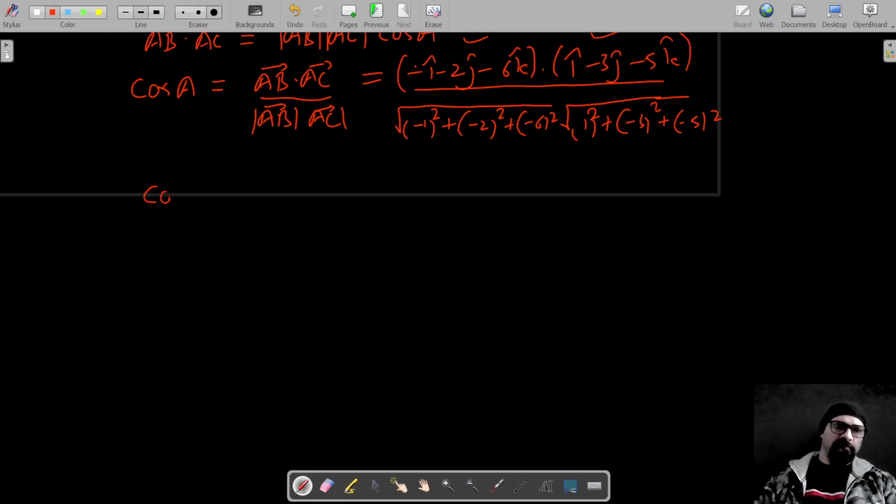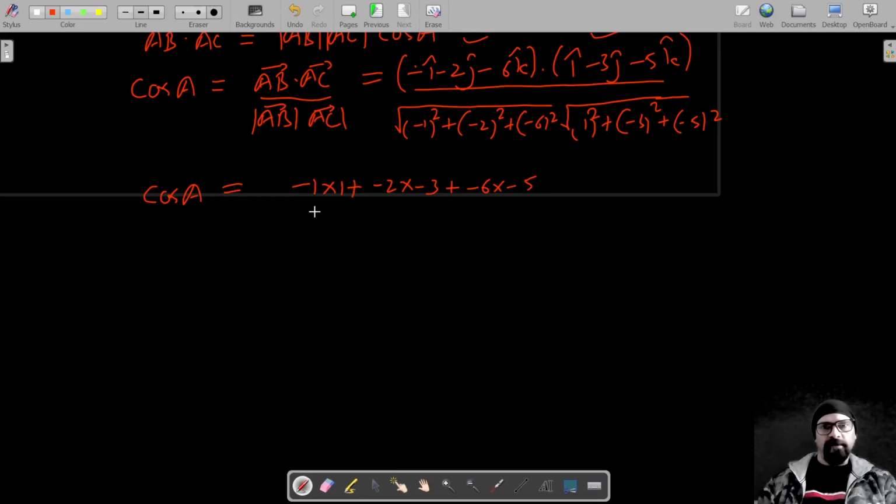Okay, so finally we have cos A. How do we find the dot product? Just find the sum of the product of the scalar components of AB and AC. So minus 1 into 1 plus minus 2 into minus 3 plus minus 6 into minus 5, upon root of 1 plus 4 plus 36 into 1 plus 9 plus 25.